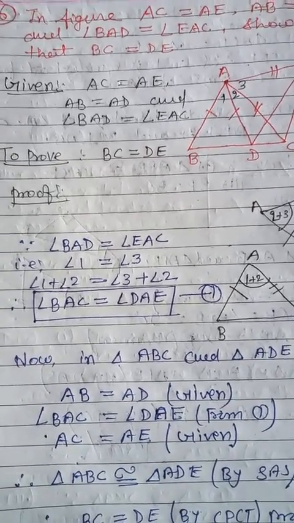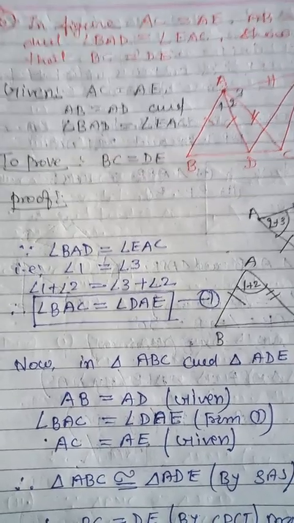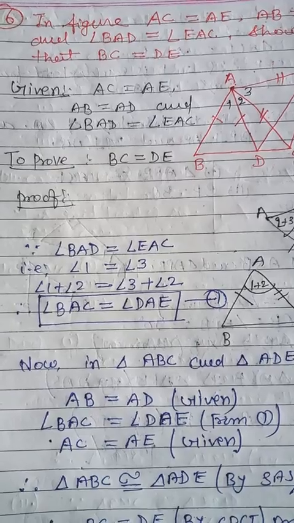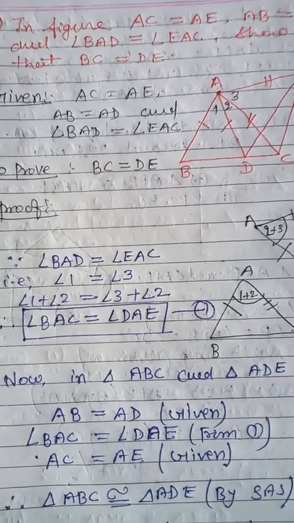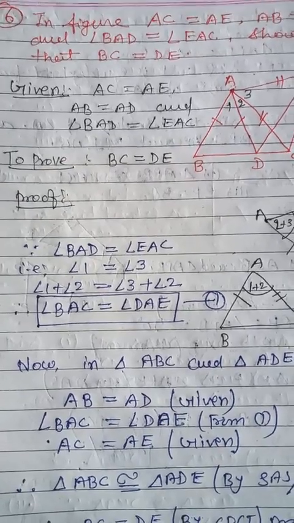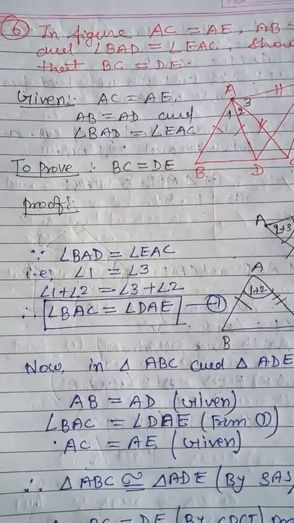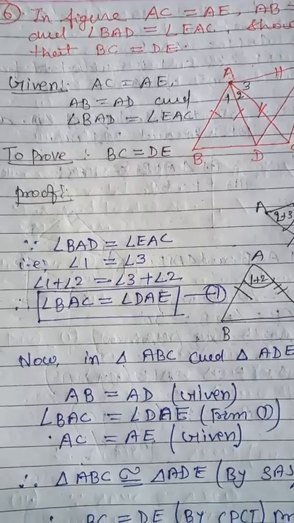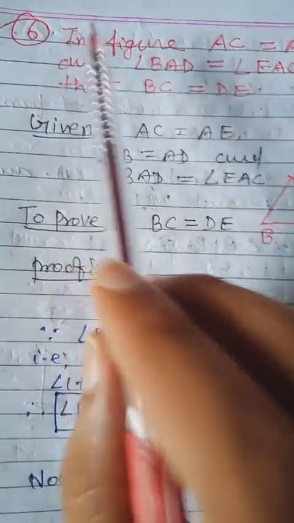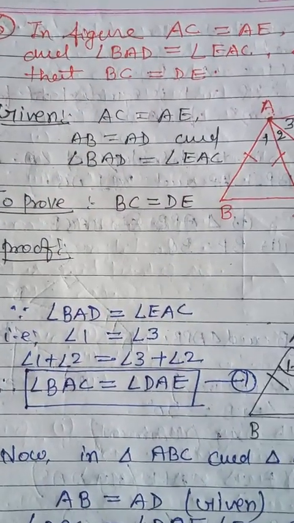Today, I am going to solve the remaining 3 questions of exercise 7.1. That is question number 6, question number 7 and question number 8.